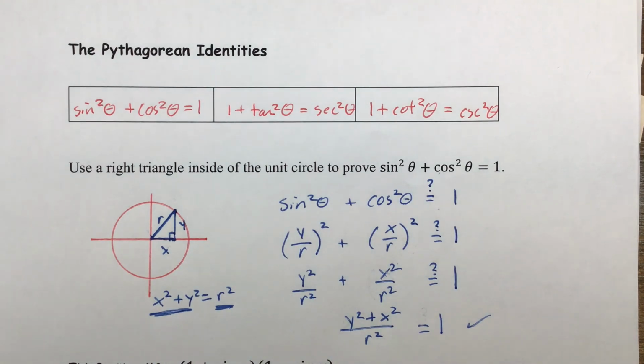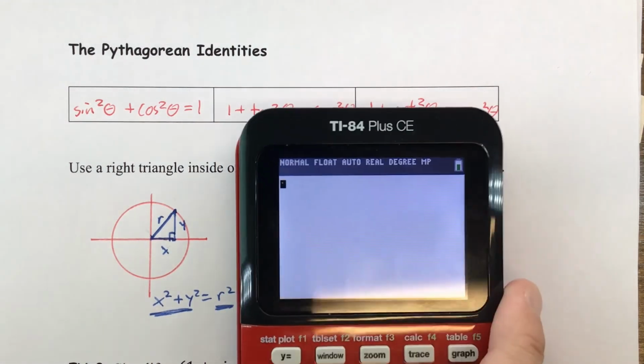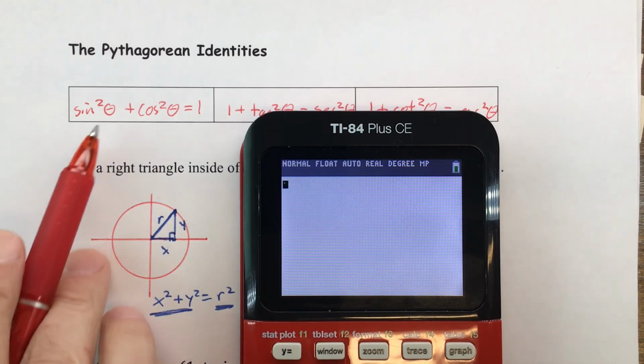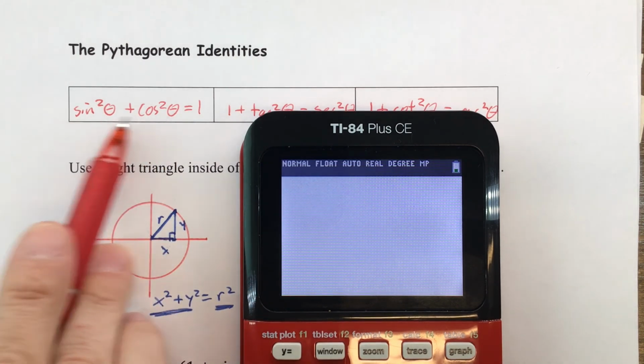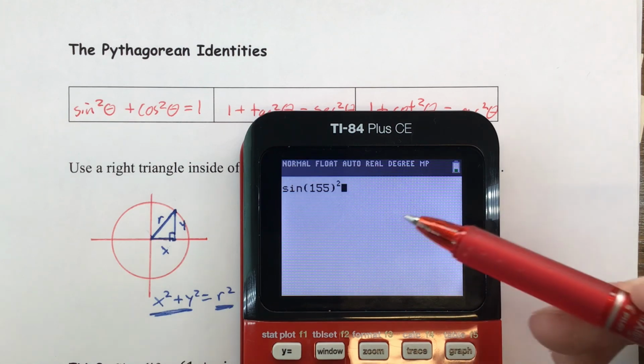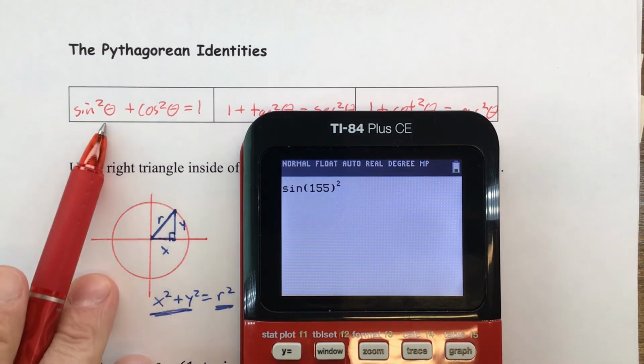All right, what is the value of that identity? What it actually says here is that we can take any angle for theta, put it into this, and the answer is going to be 1. Okay, so if I took sine of, let's do 155 degrees. Take the sine of 155 degrees and square it. By the way, when you type it in a calculator, it may look different than this.